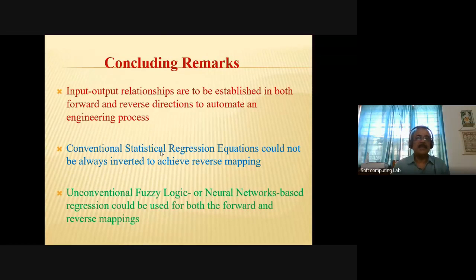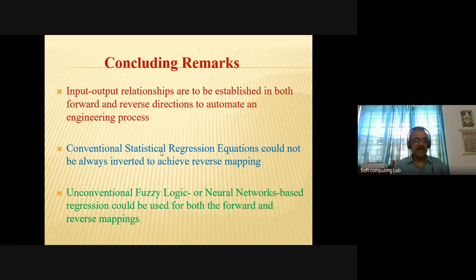With this discussion, I'm coming to the concluding remarks: input-output relationship can be established both in the forward and reverse direction. If you want to automate a particular process, we have conventional statistical regression analysis, which could be very efficient for forward mapping, but it may not always be possible to carry out the reverse mapping.